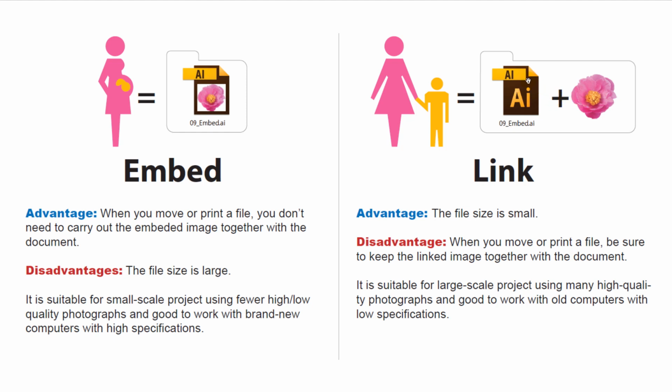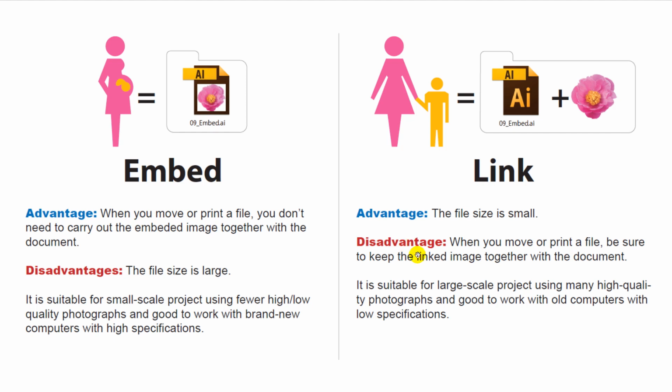Therefore, you must have the photos you used in the document in their original locations. Also, when you place images in the link method, you should carry all the photos you placed to transfer the document file to another device, to a computer, or to send the file to the print shop.